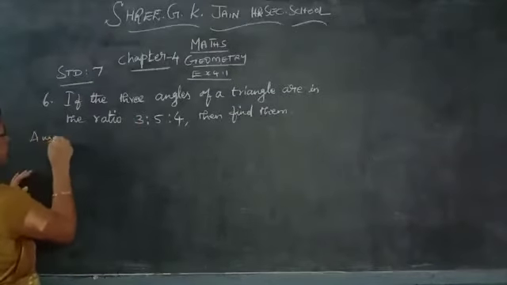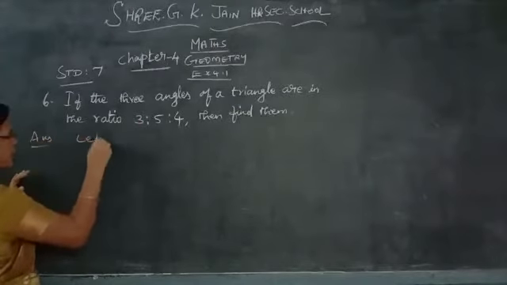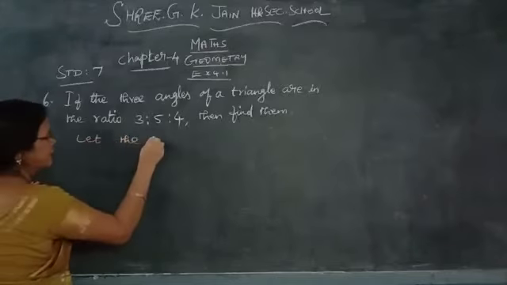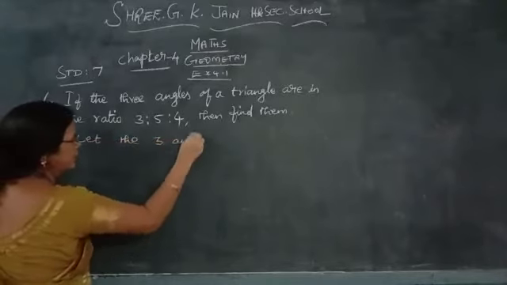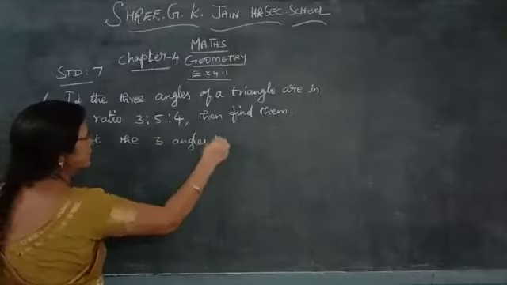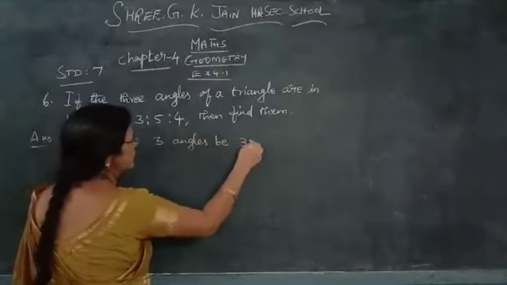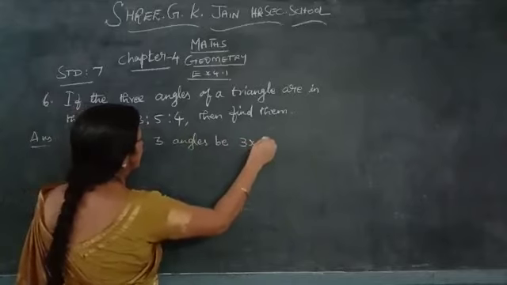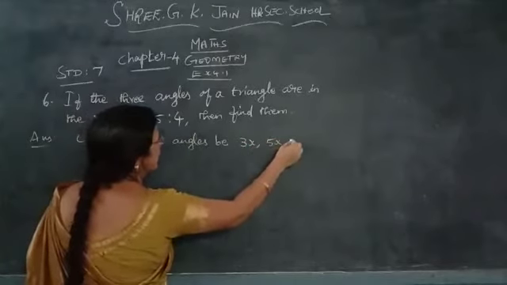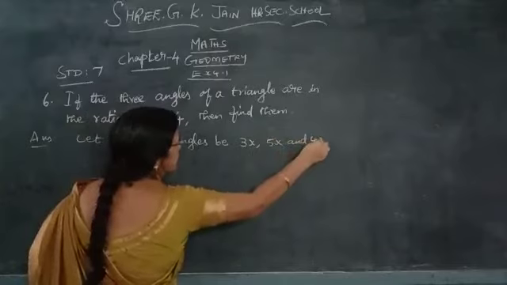Answer. Let the three angles be, we take this as x, because we are going to find them. So 3x, 5x and 4x.